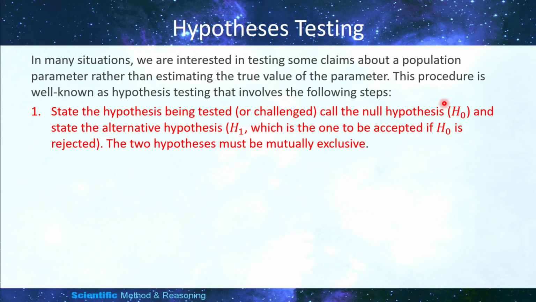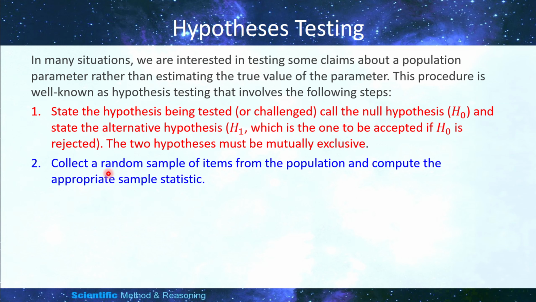We denote that by H naught. And state the alternative hypothesis, denoted by H1 or HA, which is the one to be accepted if the null hypothesis is rejected. The two hypotheses must be mutually exclusive, and you have to make a decision to determine which one you would accept or retain.